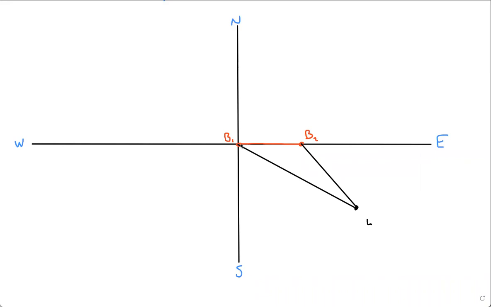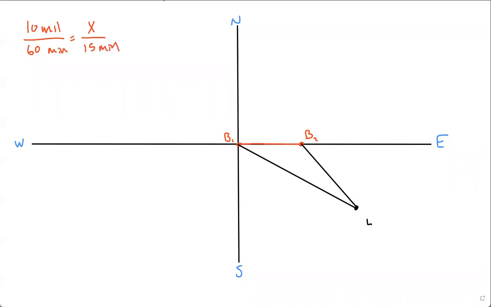So first, this red side, the distance the boat travels. It says the boat is going 10 miles per hour. And these two measurements for the angles to the lighthouse were taken 15 minutes apart. So we can do a conversion of 10 miles in 60 minutes, because it's 10 miles an hour, equal to x miles in 15 minutes.